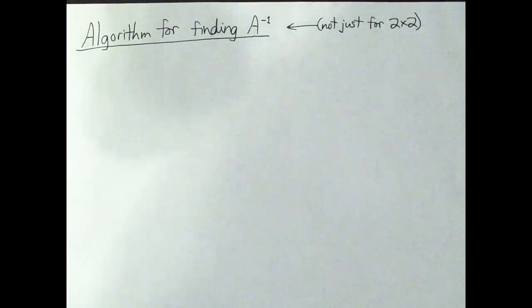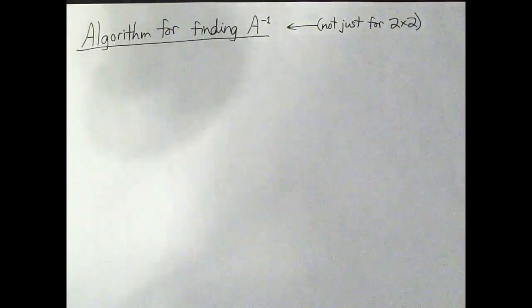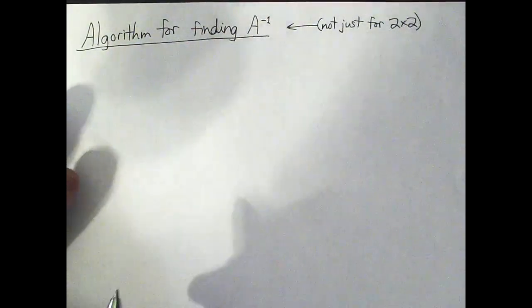Now, I do want to remind you that at the beginning of this lesson, when we had the definition of the inverse, one of the first remarks that we said is A has to be square. So when I say it's not just for 2x2, we mean 3x3, 4x4, 5x5. It still has to be a square matrix, okay?